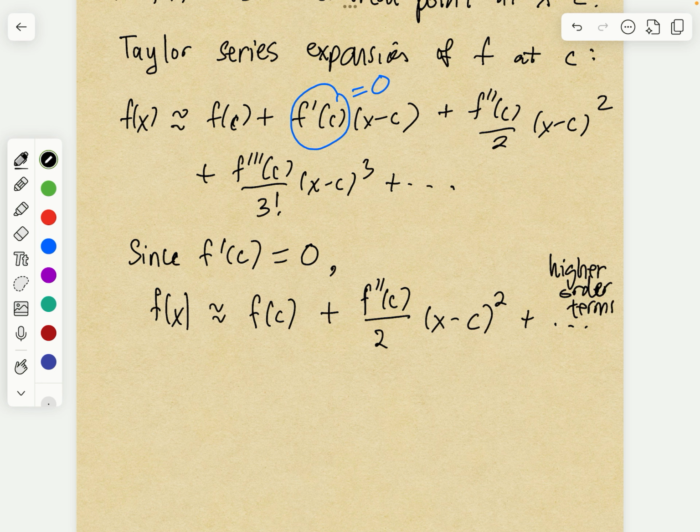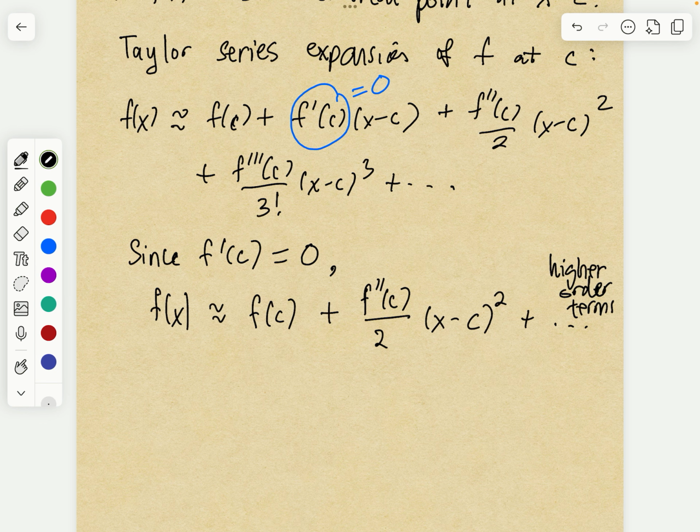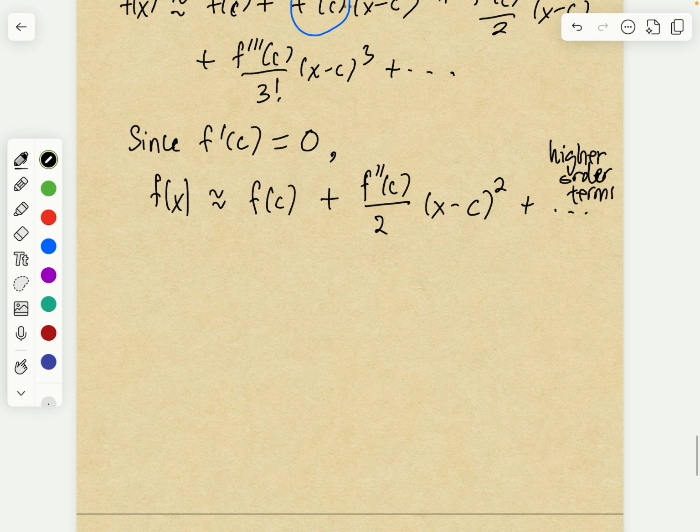They are called that because they involve taking x to the third power and the fourth power and the fifth power and that sort of thing. Well, what is this thing that f of x is approximately? This is a quadratic function. f of c is a constant, a number like 7 or something.